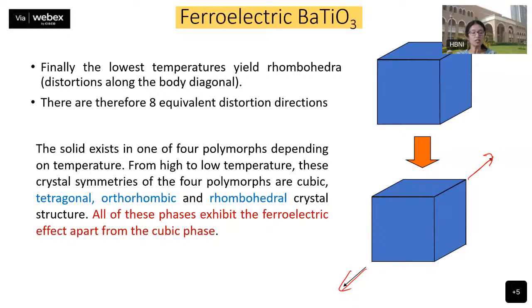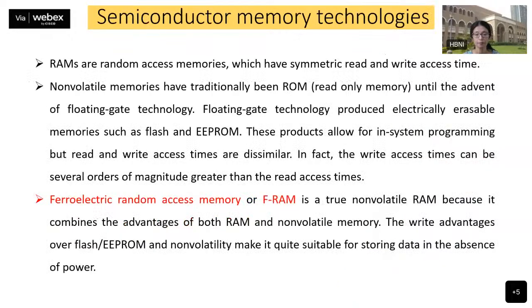All of these phases exhibit the ferroelectric effect apart from, obviously, the cubic phase. So the tetragonal, orthorhombic, and rhombohedral structures of barium titanate, which you get by changing the temperature, all exhibit the ferroelectric effect.